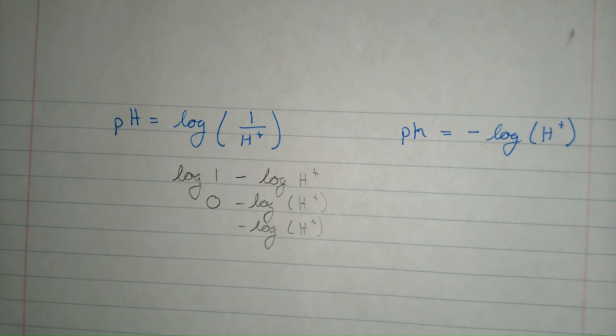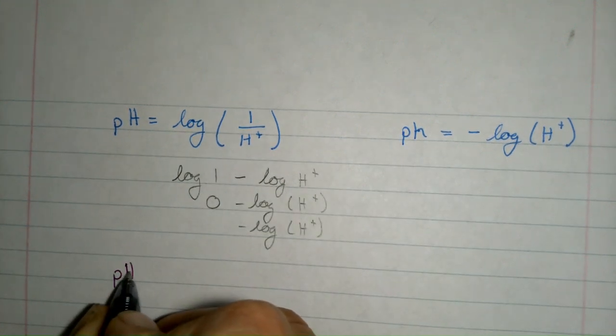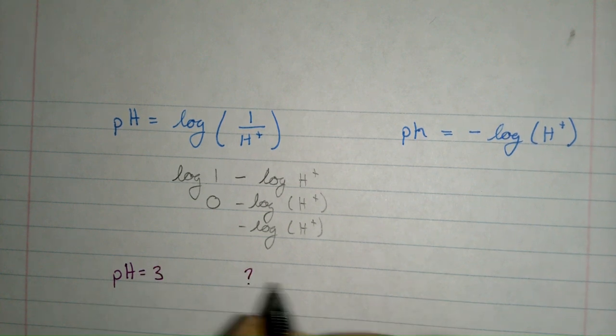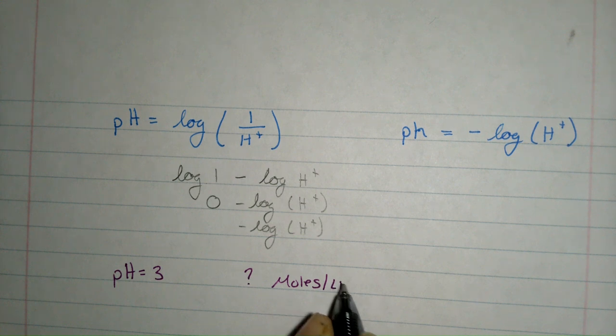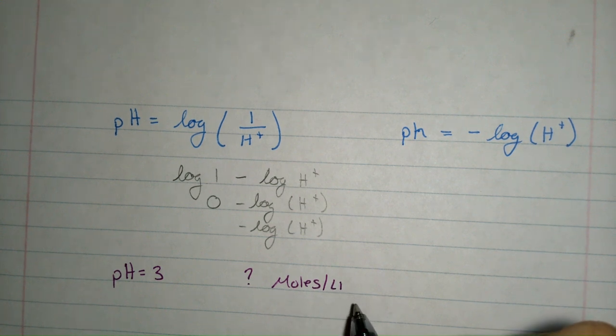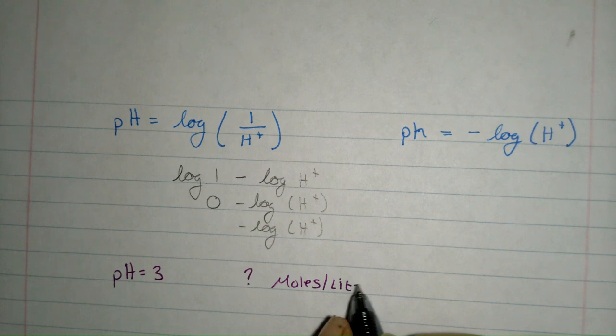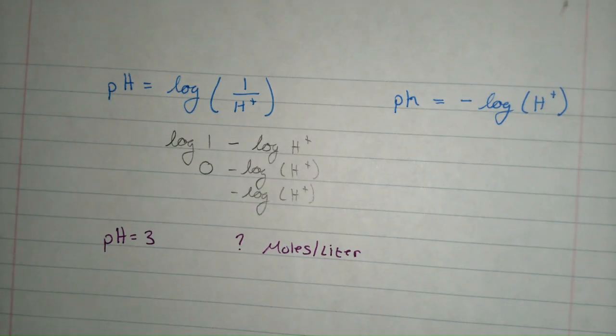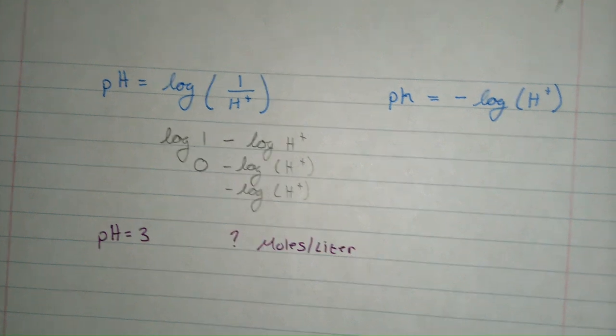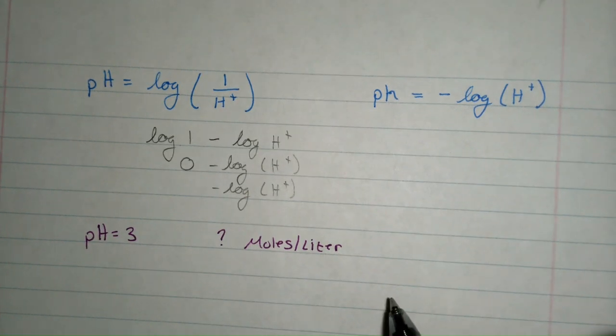So let's say you have a pH of 3. How many moles per liter is that? Well, we have to choose which formula we want to put it in. I'm going to choose the one on the right. Remember, they're the same thing.